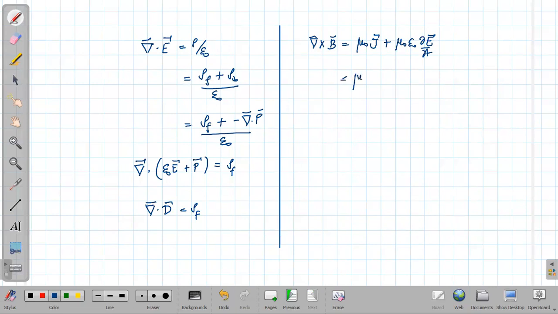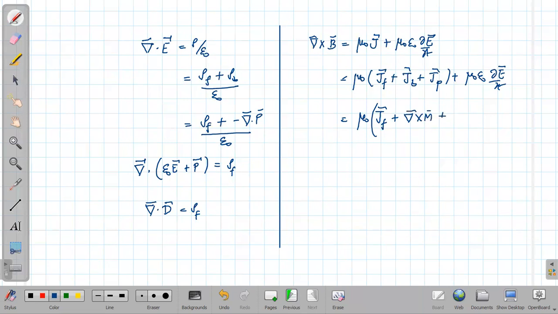So this becomes mu 0 times JF plus JB plus JP, plus mu 0 epsilon 0 dou E by dou t. This can be written as mu 0 times JF plus, what is JB? JB would become del cross M, and JP is dou P by dou t, plus epsilon 0 dou E by dou t.